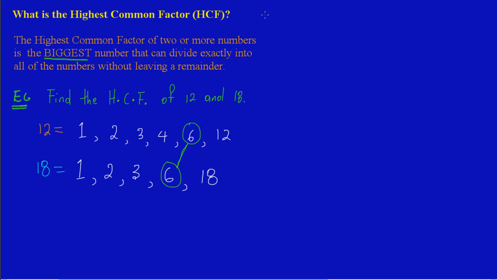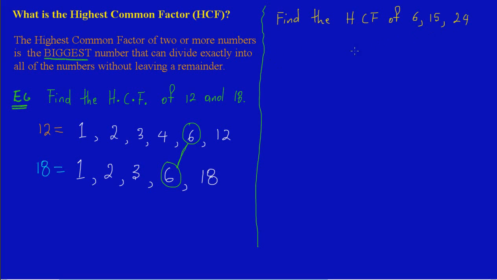Now let's look at another example just to reinforce what we're talking about. I could ask you to find the highest common factor, or the HCF, of 6, 15, and 24.